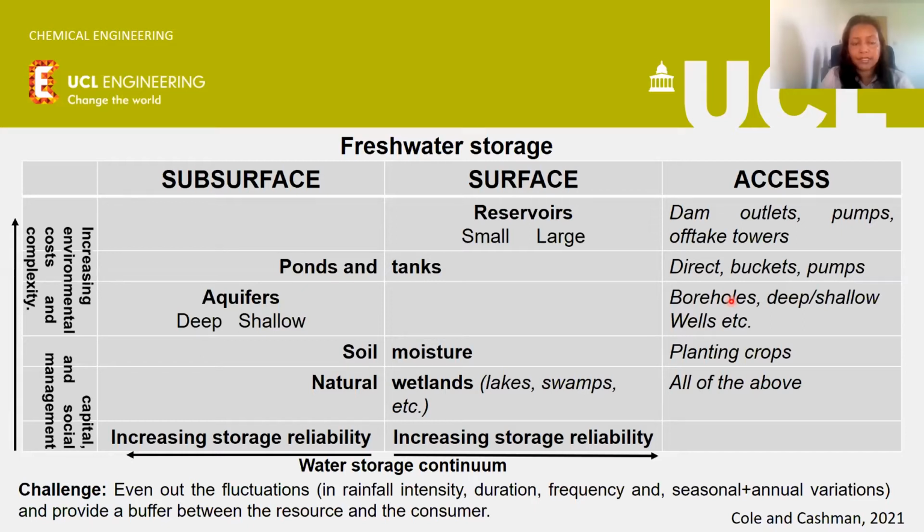What is the cost associated with it? And then, as I mentioned, the storage reliability. For example, deep aquifers are expected to be generally less perturbed than shallow aquifers. So they are more reliable in terms of storage, unless human intervention changes or affects this balance.